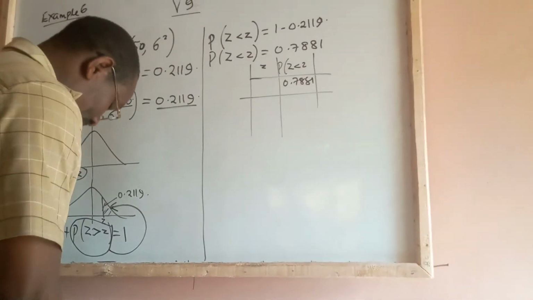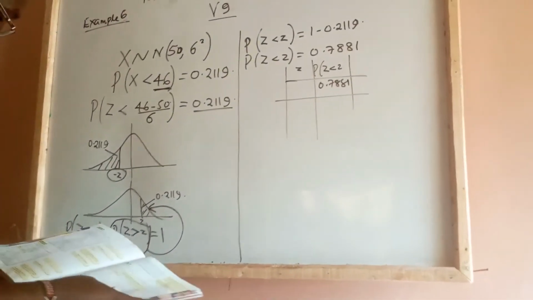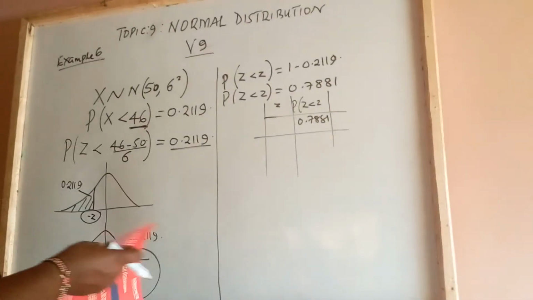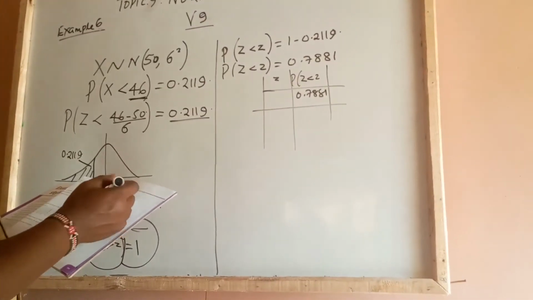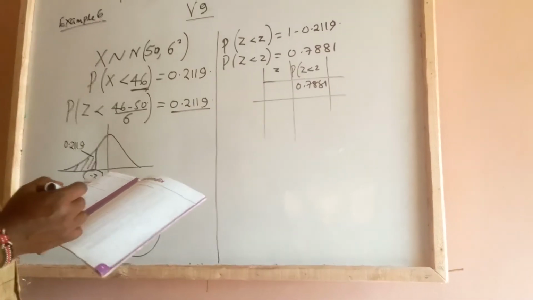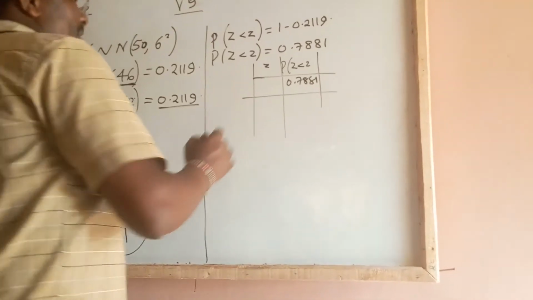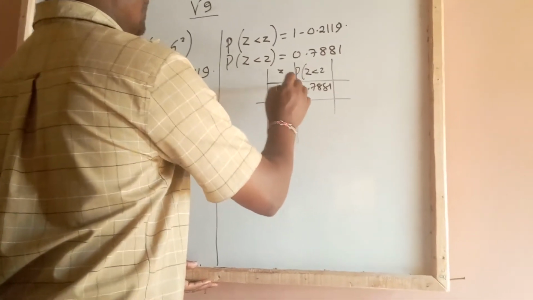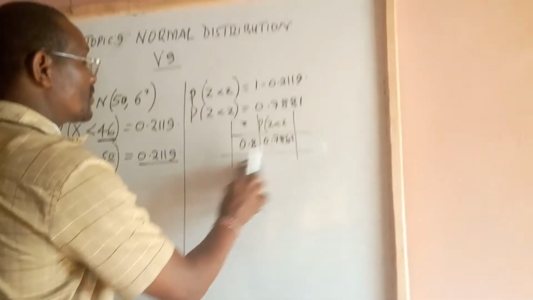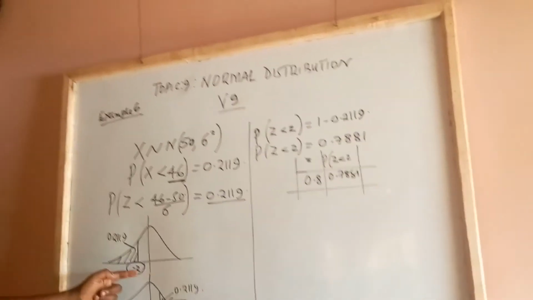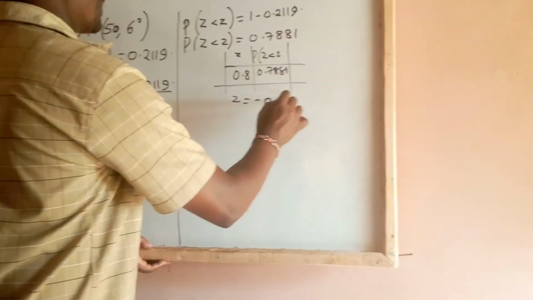Page 201 gives us 0.7881. Yes, we are somewhere at 0.8. But remember, our value of z was to be negative due to the nature of our question. So our z is minus 0.8.